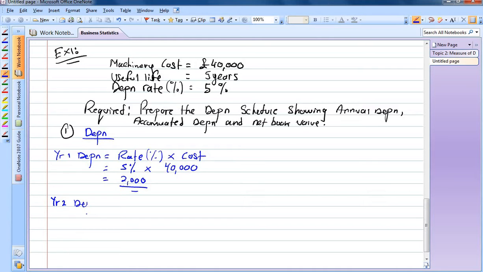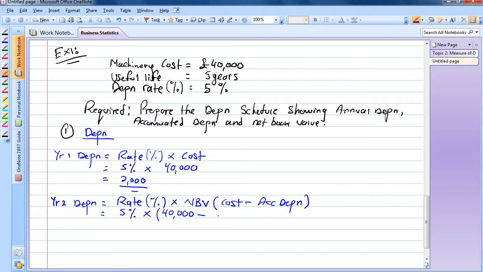Then year 2 depreciation, rate times net book value, where your net book value is cost minus the accumulated depreciation. So you take 5% times, in a bracket, 40,000 minus the year 1 depreciation, 2,000. So how much do you get? You will get 1,900.